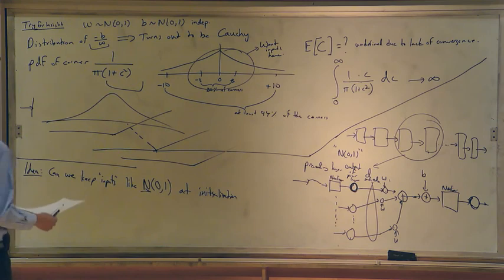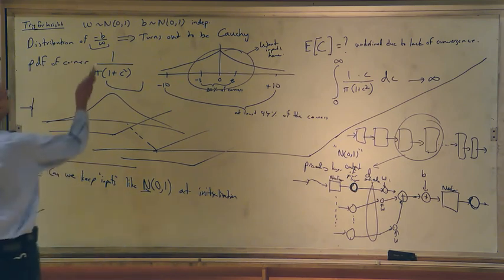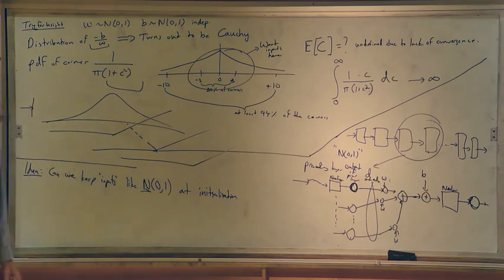So it's good to step back and look at this again and ask, why is this thing Cauchy? Now you could grind out integrals to do it. But that doesn't help you because now you change things. So you need to understand more deeply why this thing is Cauchy, meaning why does it have heavy tails like this? Why does it look like this?